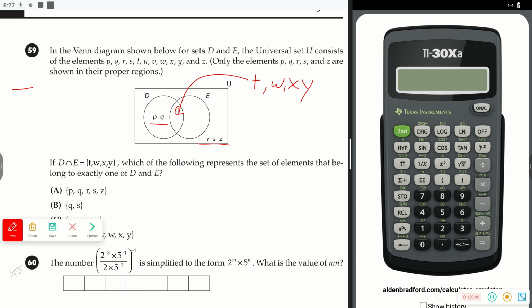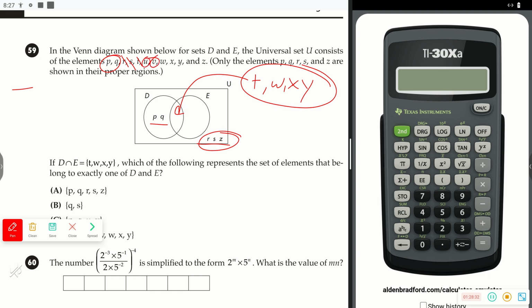All right? So that means these ones are definitely not going to be included in both, and these ones are definitely not going to be included in only one. So in this case, we have P and Q. These ones are good. R is not good. S is not good. T is not good. U would be good.